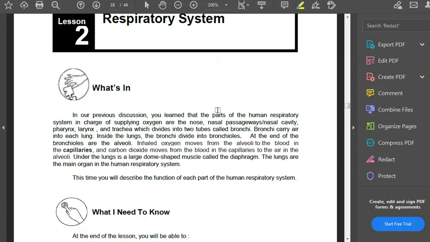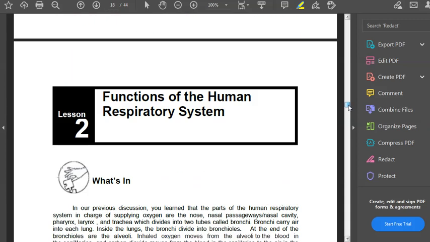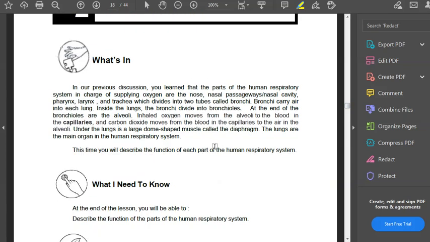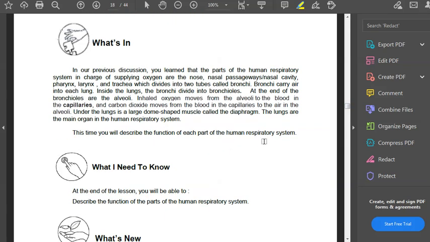Okay, so let's continue. So here, we now know the parts of the human respiratory system. So, what are the parts of the human respiratory system?